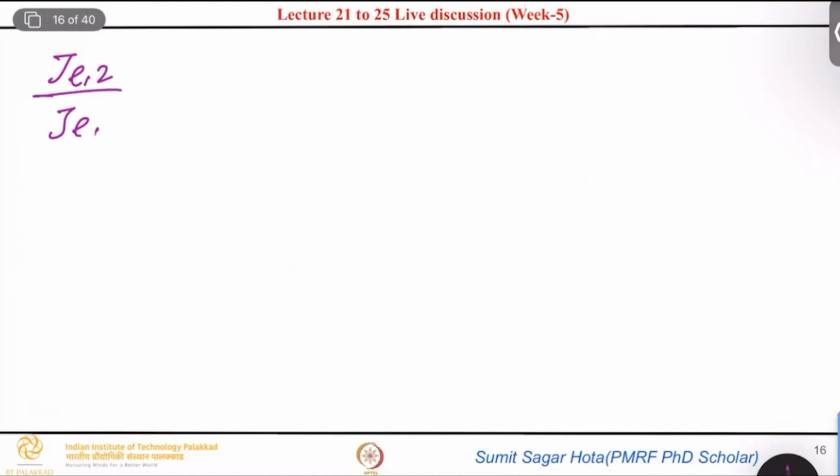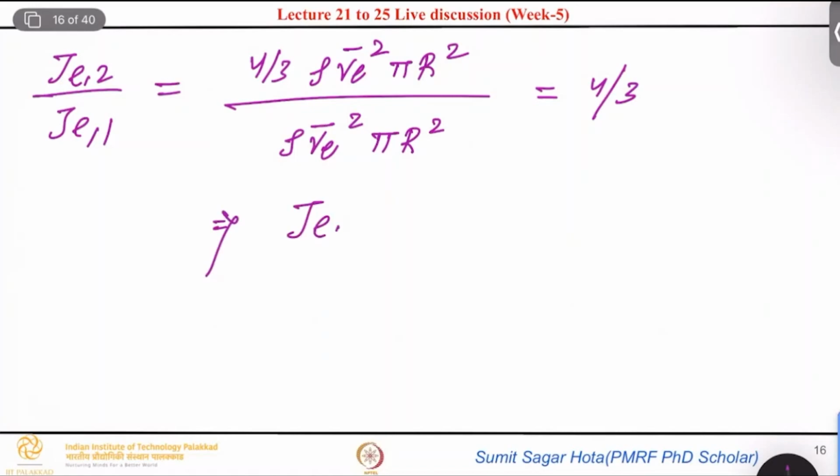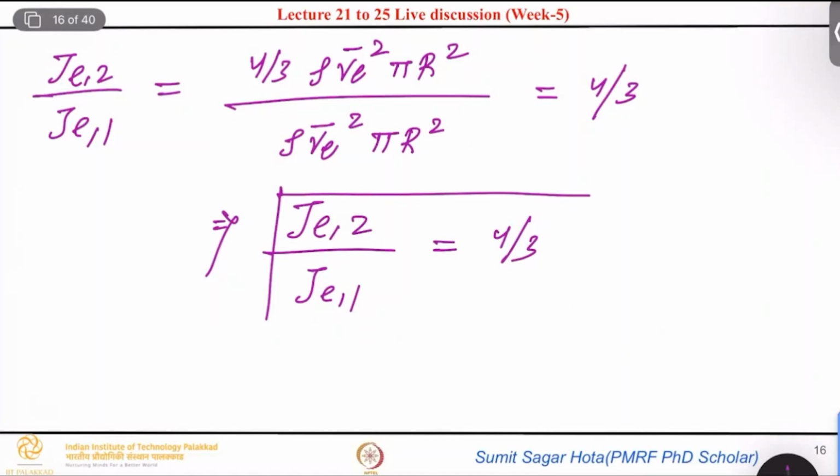JE2 by JE1 is equal to 4 by 3 rho VE square pi r square divided by rho VE square pi r square. Everything will cancel and the value comes out to be 4 by 3. So our answer is 4 by 3.